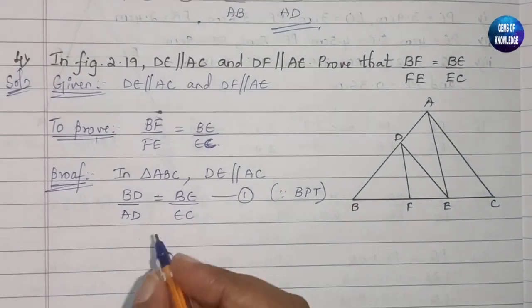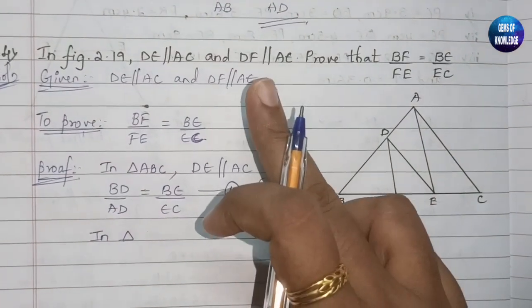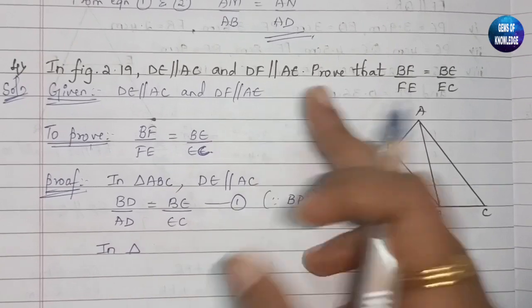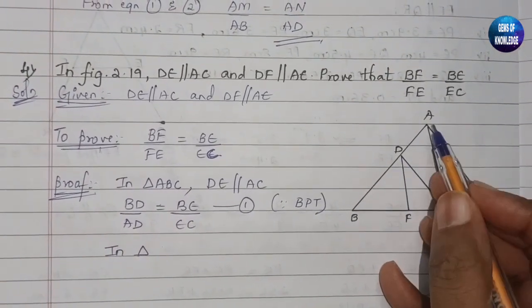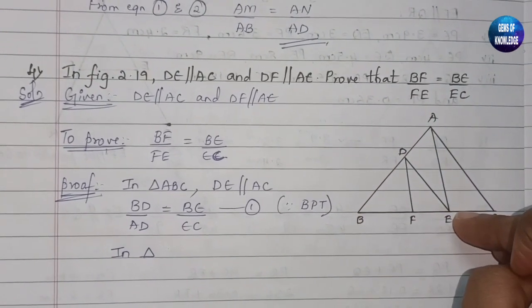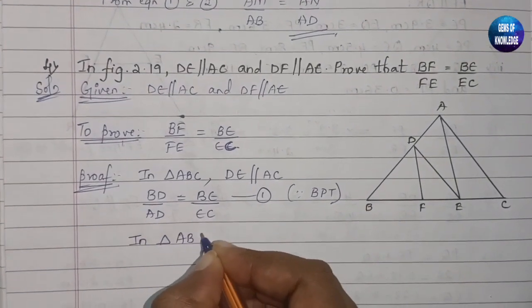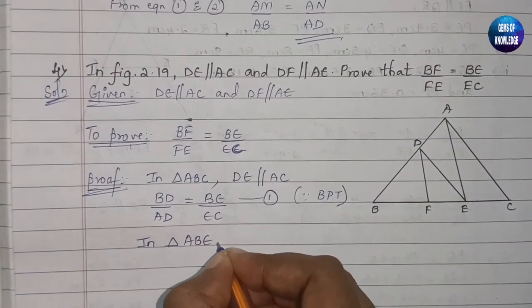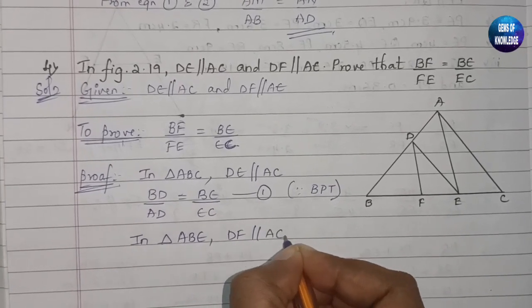Then similarly, in the next triangle, as you can see, DF is parallel to AE. So we only have to take the ABE part. We will consider the triangle ABE, in which we have DF parallel to AE.